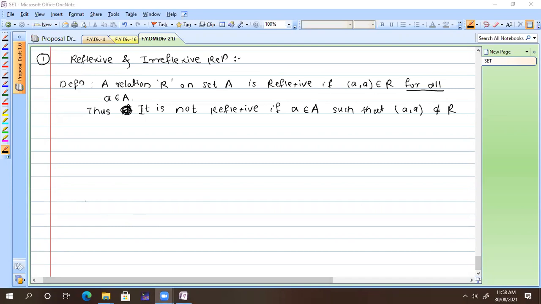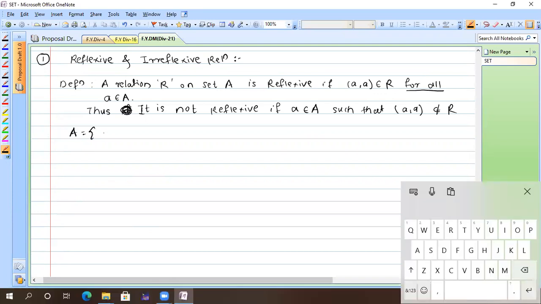Okay, got it. So now let's have an example. Tell me whether the given relation is reflexive or not reflexive. Suppose I have a set A which contains elements 1, 2, 3, 4, 5, that is 5 elements, and I have a relation R1 which contains (a, b) such that a is greater than b. Whether this relation is reflexive.